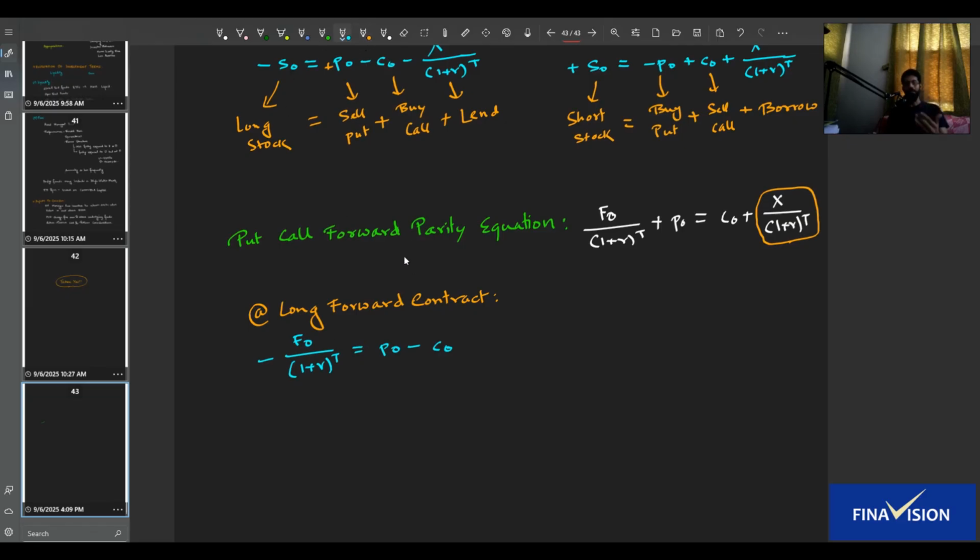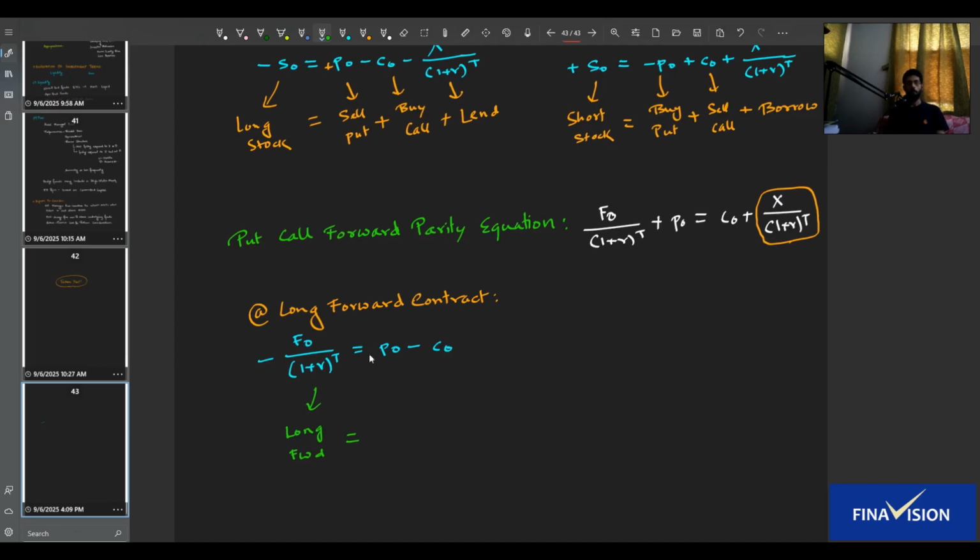Now again, like we did before, we are going to interpret this equation in terms of cash flows. Let's see how that works. Minus F0 by 1 plus r to the power T. This means there is a buying of the forward contract or long forward, right?